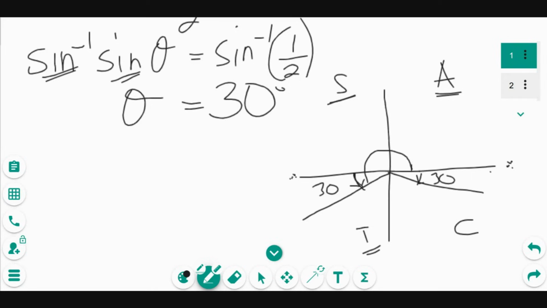So I measure this angle here, and I also measure this angle. Can someone help me find out how many degrees these are?